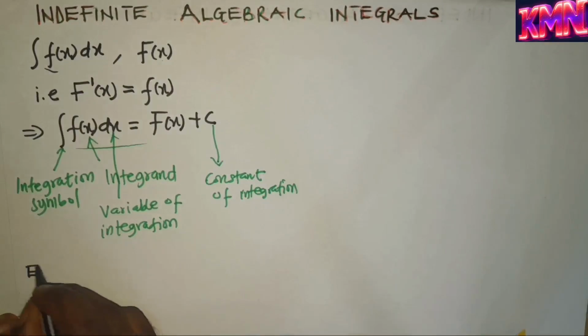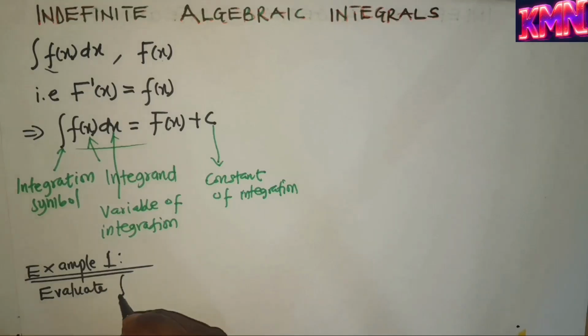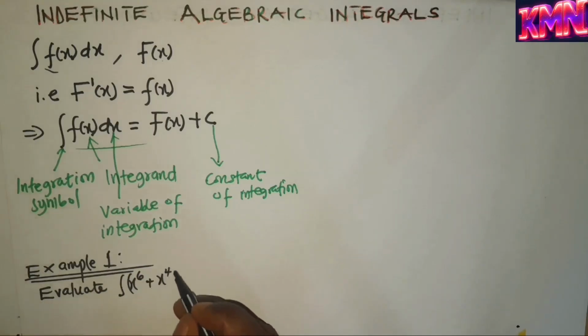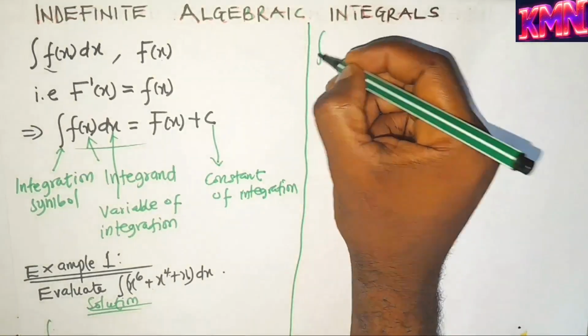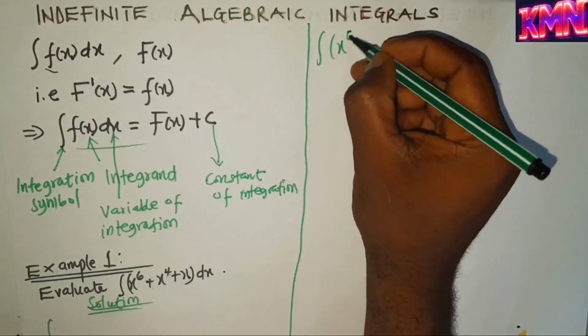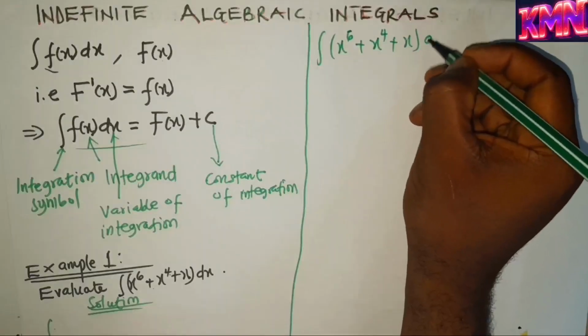Example 1. Our first example says evaluate the integral of x power 6 plus x power 4 plus x dx. Solution. We are given the integral of x power 6 plus x power 4 plus x dx.